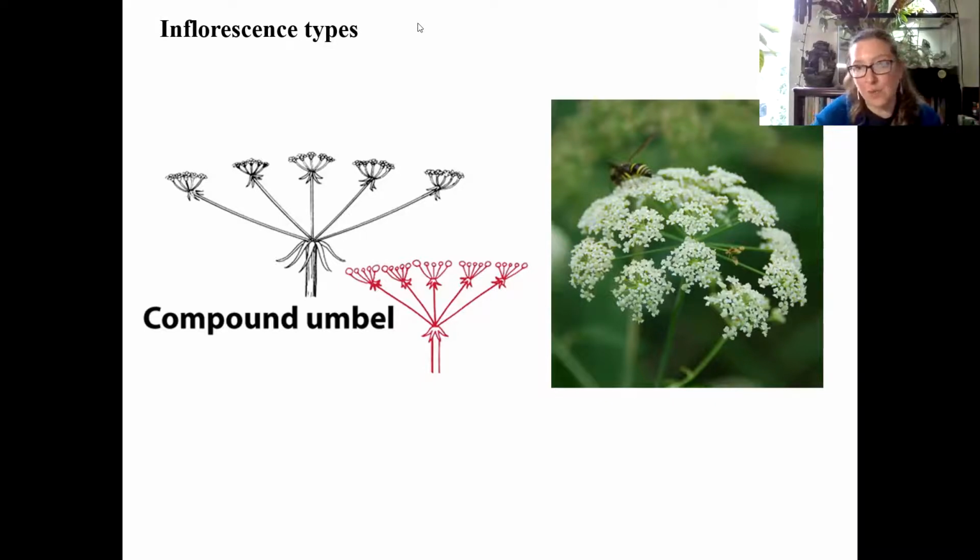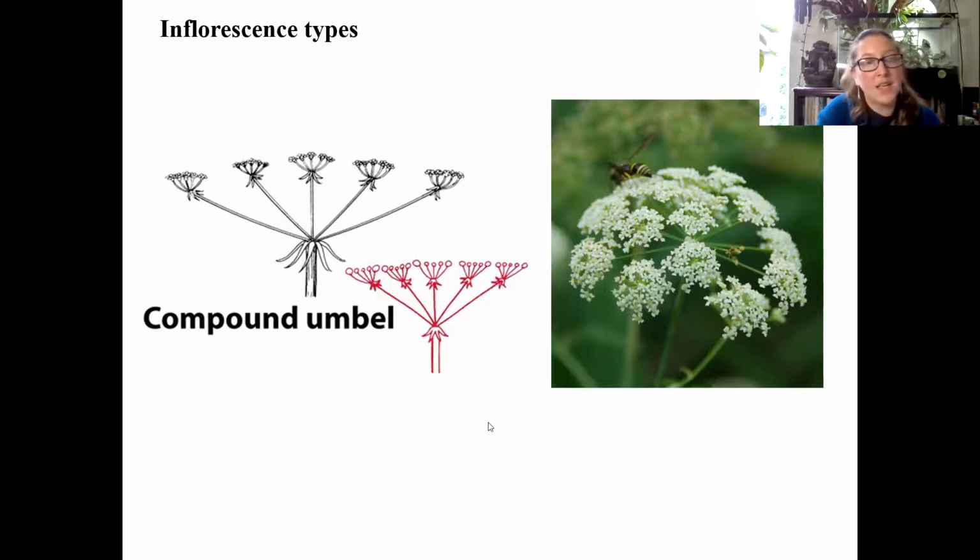Queen Anne's lace on the right here is an example of a compound umbel. A lot of things in the parsley family, so carrots, parsley, hemlock, obviously Queen Anne's lace, celery, all have this type of inflorescence, right? Compound umbel. An umbel of umbels, with another umbel on the tips of each of these stalks.